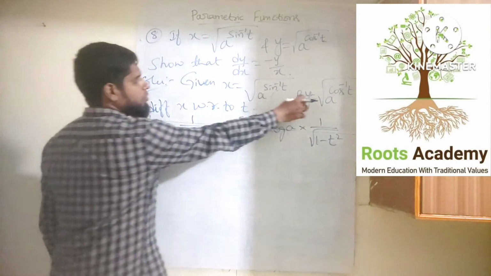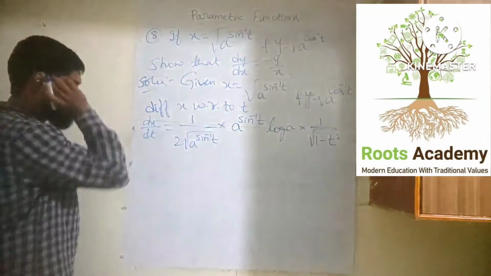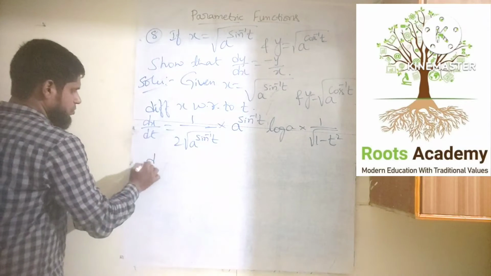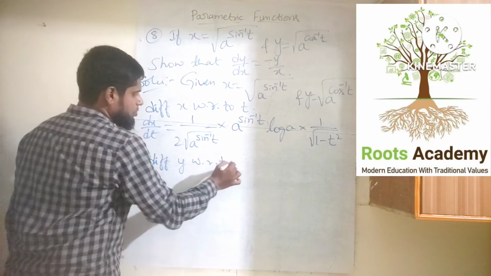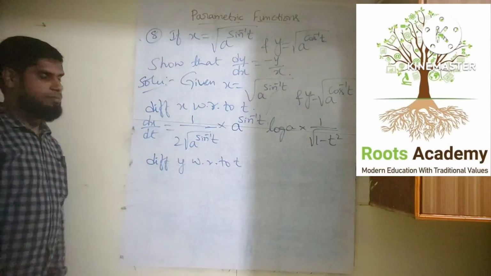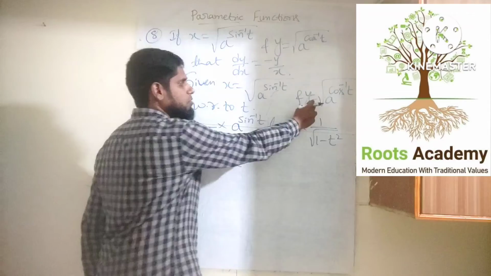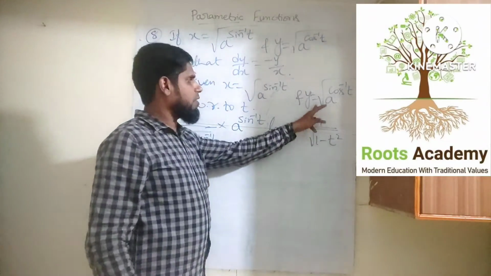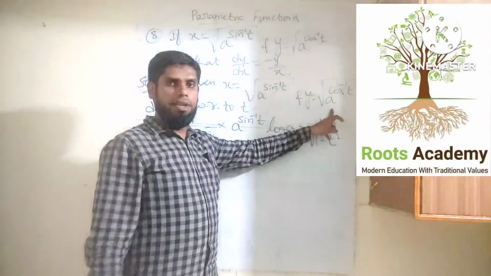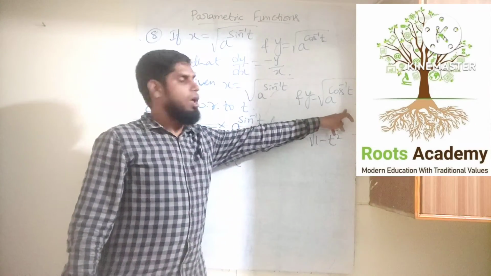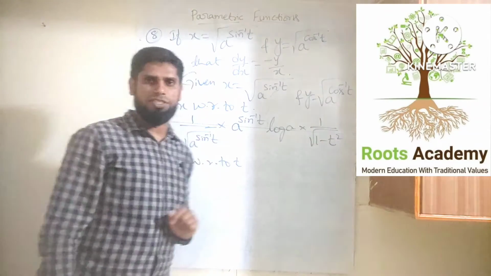Next, directly I will come to y with respect to t. So differentiate y with respect to t. Same process, whatever was applied for x, the same process should be applied for y with respect to t also. Because here also we have three different functions and we are using chain rule here. So continuously 3 times we should differentiate.